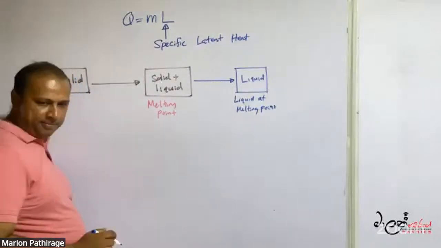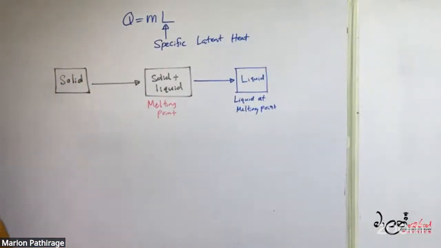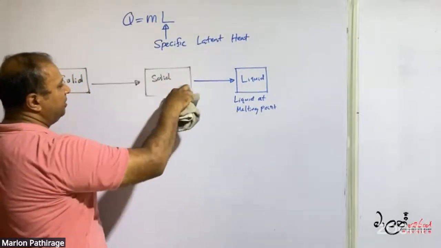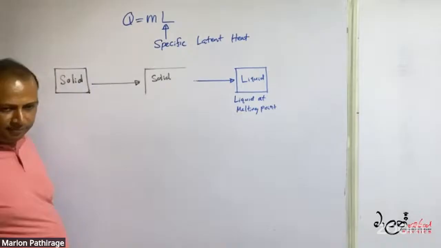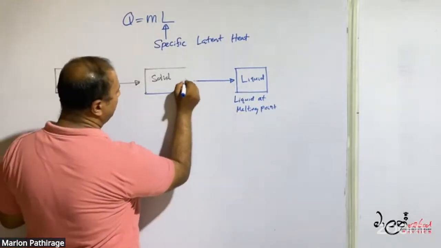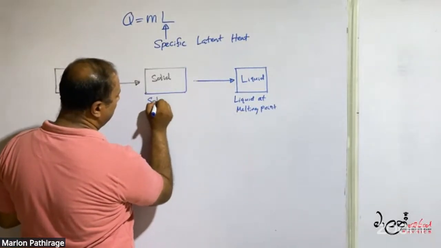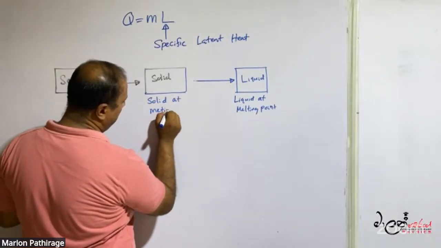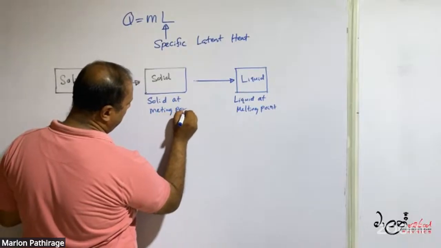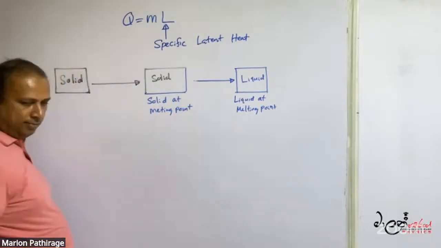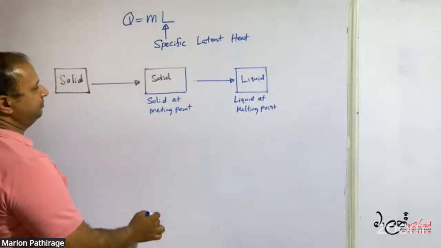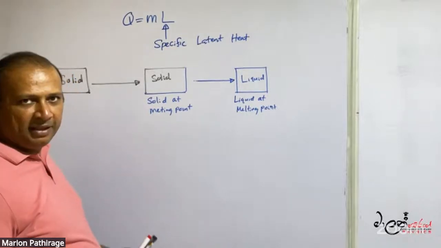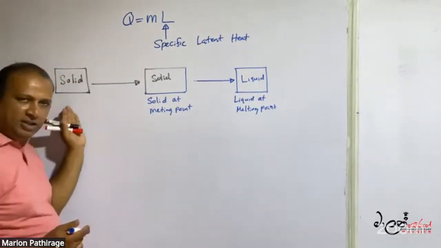Temperature doesn't change, right? Solid at melting point. Let me mark this as solid. Solid at melting point, then liquid at melting point. Suppose the initial solid is ice.